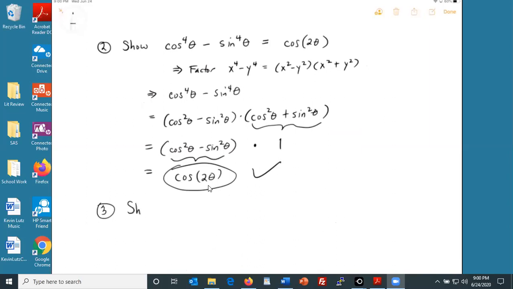Okay, let's show that the quantity 2 times sine of 2 theta times cosecant theta, squared, plus 4 sine squared of theta equals 4.